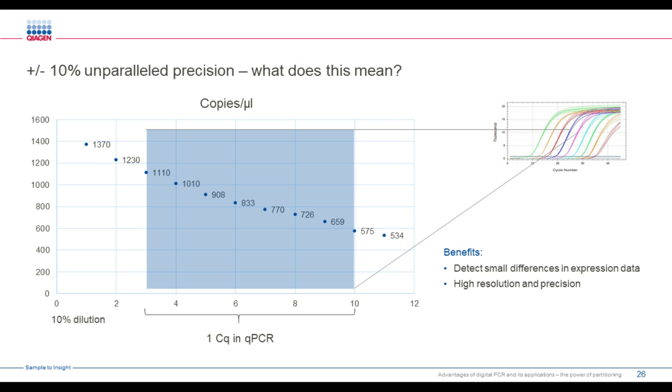And this is particularly interesting when we talk about microRNA, because microRNAs for biomarker screening have started to grow, and people tend to want to see if there are differences in microRNA expression, especially in serum and plasma. And of course, sometimes the difference is too small for a qPCR to detect.